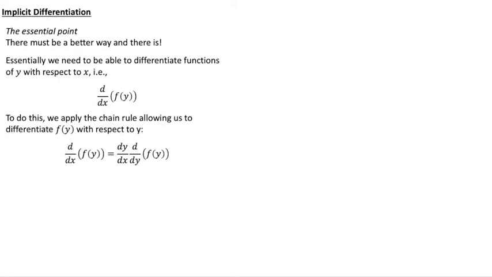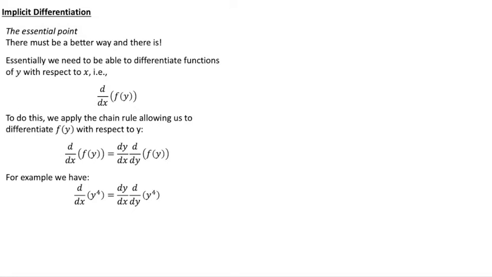Now, differentiating f of y with respect to y is just ordinary differentiation. So we have sort of solved the problem. Let's have a look at an example. If we needed to differentiate y to the power of 4 with respect to x, then that's going to be dy by dx times d by dy of y to the 4.